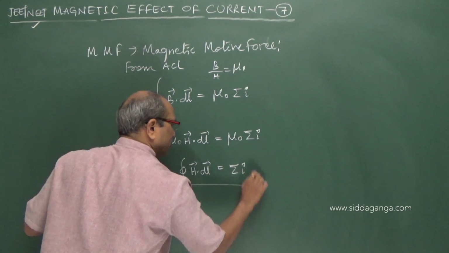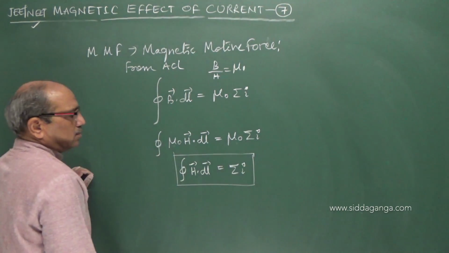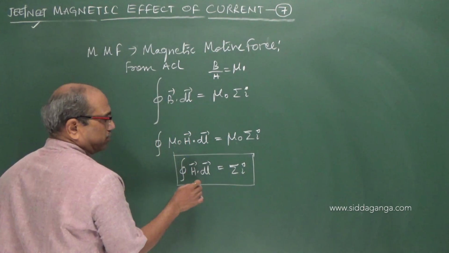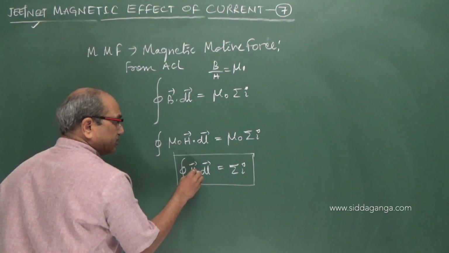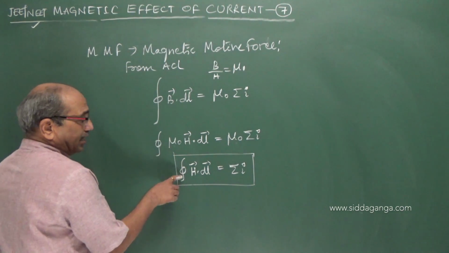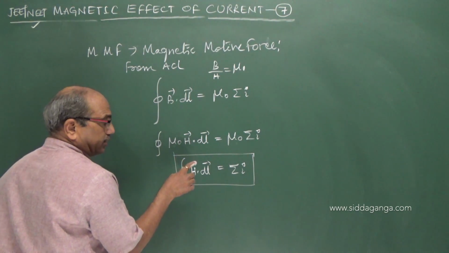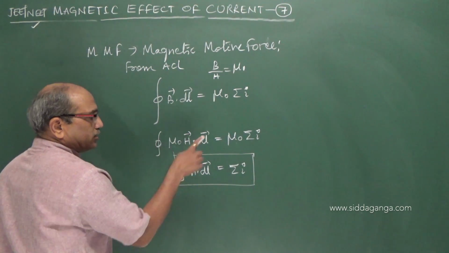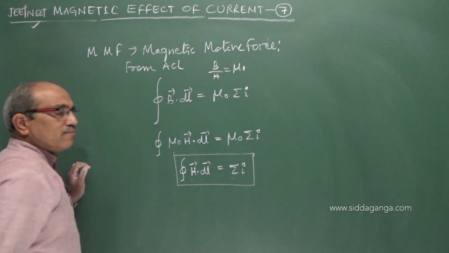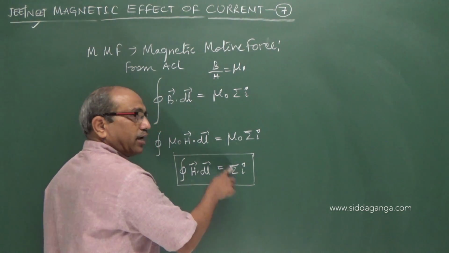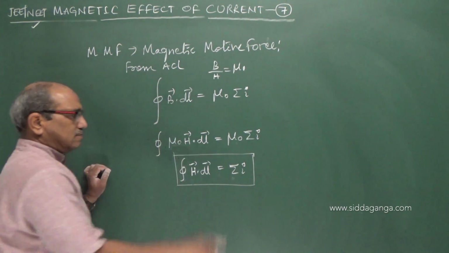This gives you the algebraic sum of the current which is responsible for the magnetic field present. H is the magnetizing field. The line integral of the magnetizing field is numerically equal to the algebraic sum of the current across the area bounded by that closed path.